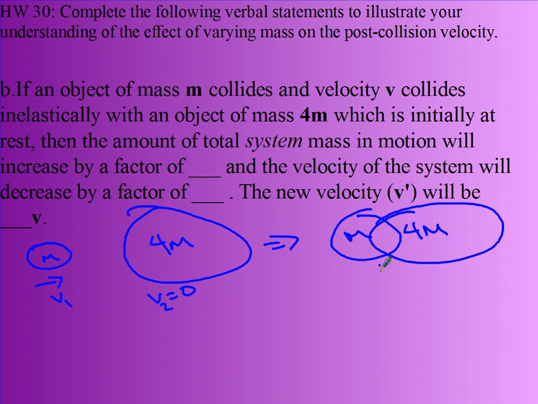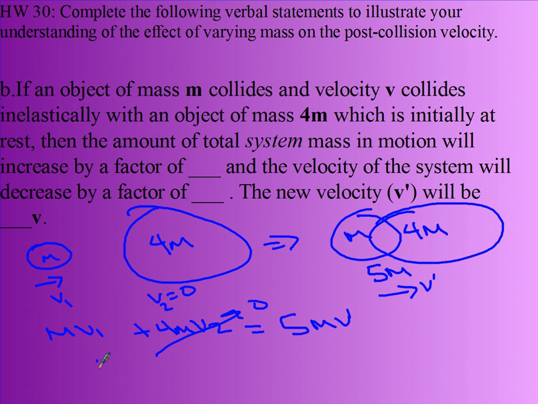So my new mass is 5m, and I'm moving off with some velocity. So I've got m times v1 plus 4m times v2 has to equal 5m times v prime. But this term is 0. So I have m times v1 equals 5m times v prime. Masses cancel. v prime is 1/5 v1.